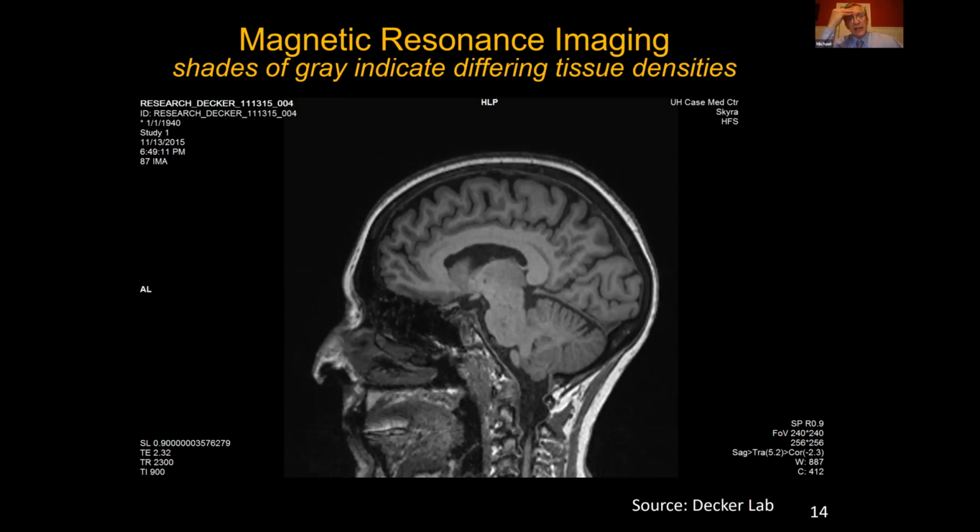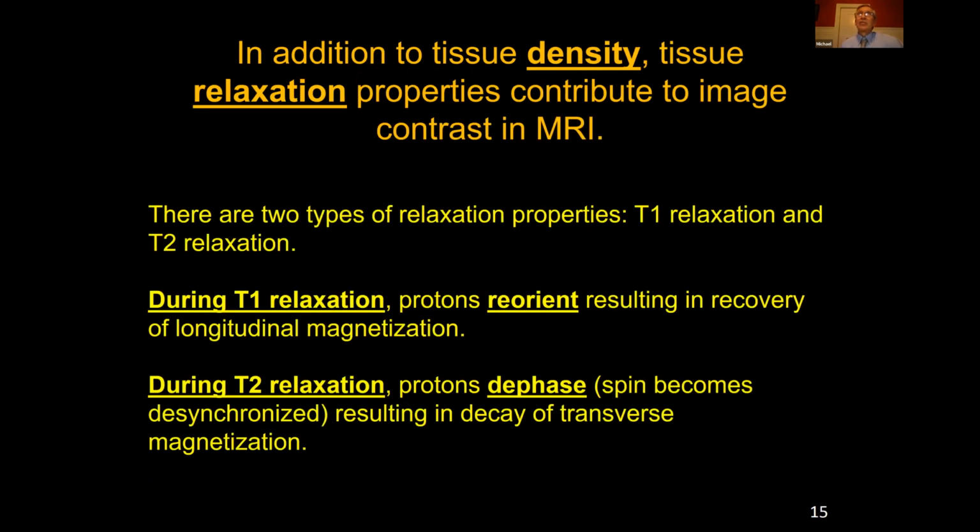We're doing 192 slices, and this is what we would call a T1 structural image. As you can see, the resolution is okay. We can make the resolution greater by having more slices and a longer time in the scanner, but each of the scans that we do can take 10 to 15 minutes. So that structural scan took about 10 minutes to acquire.